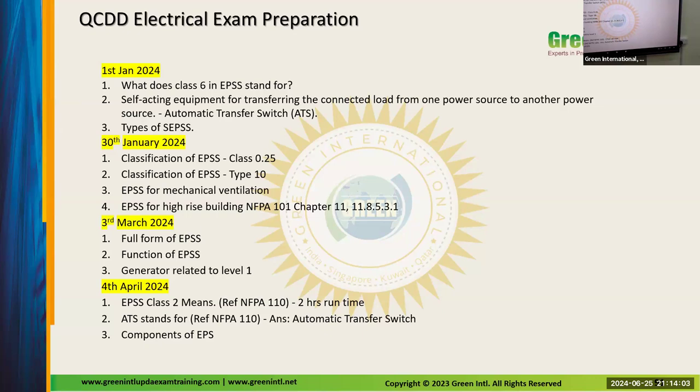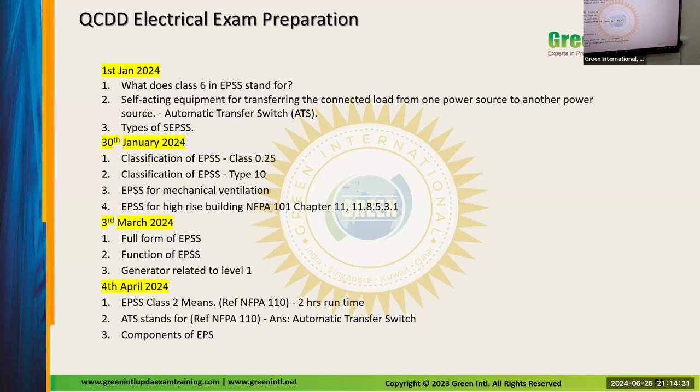So classification of EPSS. We need to refer to chapter 4. They asked about class 0.25. That is 0.25 hours, which means 15 minutes. So EPS type 10: type 10 means in terms of seconds, it's a maximum.